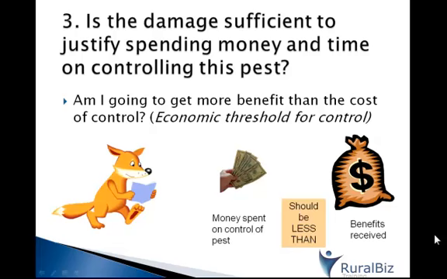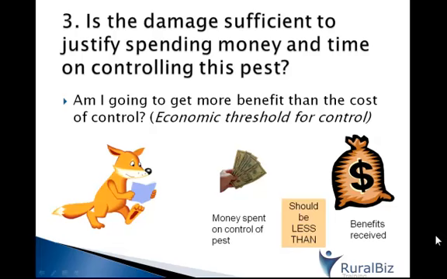An earlier point is what we call the action threshold, when treatment should be used to prevent the numbers of pests reaching that higher economic threshold. These action thresholds can be difficult to work out, but obviously there's a lot more room for error here than there is for the economic threshold.